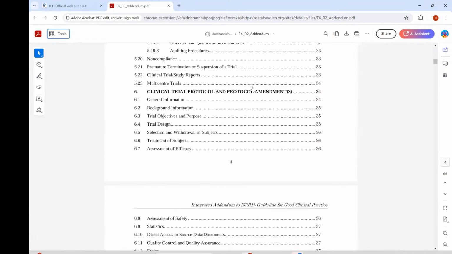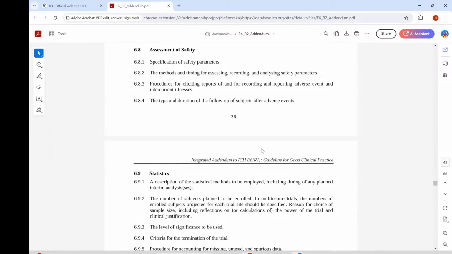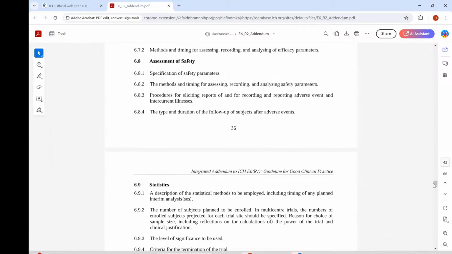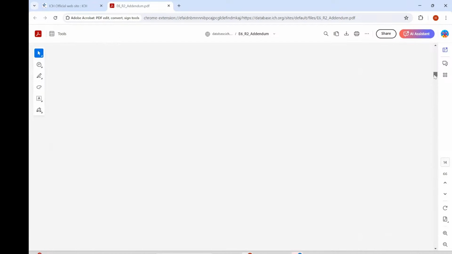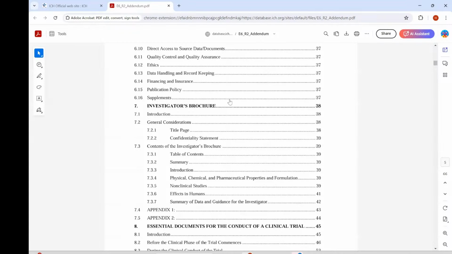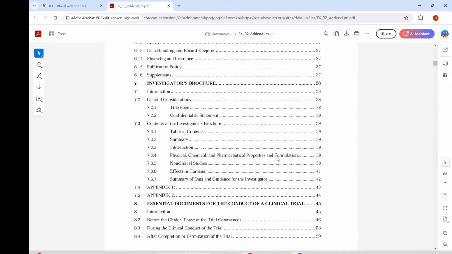And then we have the investigator's brochure. The investigator brochure is nothing but the clinical and non-clinical information of the investigational product. For example, if you're buying a dermatology product or any such medicine, sometimes your medicine will have a leaflet.